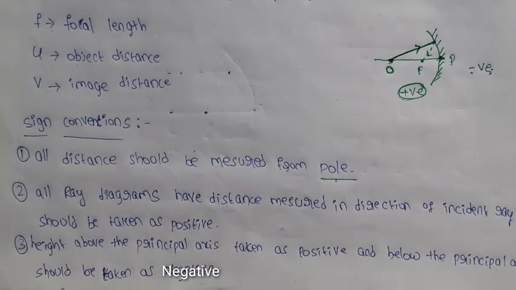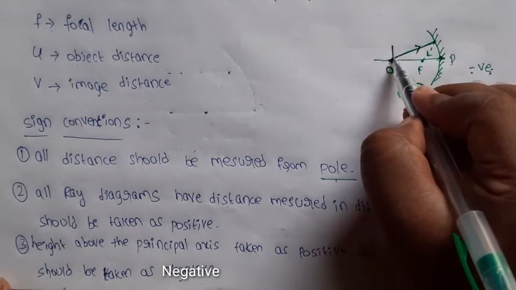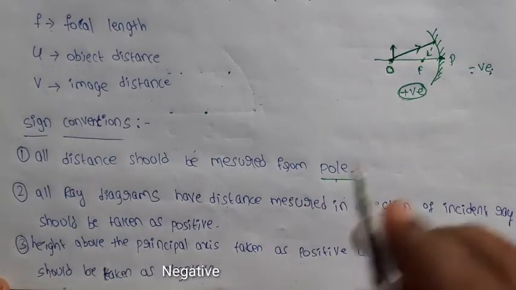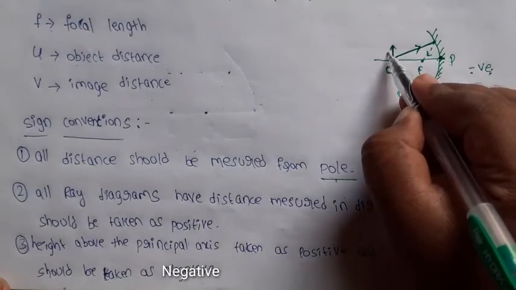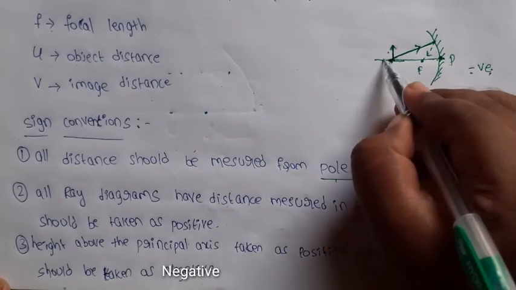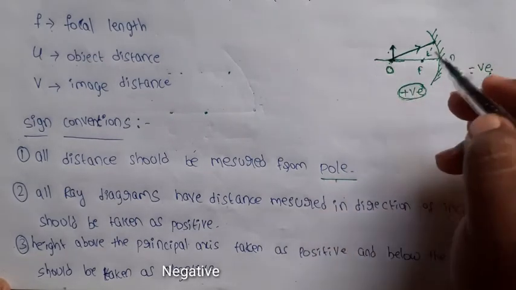Okay, here the point is height above the principal axis. Suppose this is an object, and this is the height of the object, which is above the principal axis. This line is the principal axis.